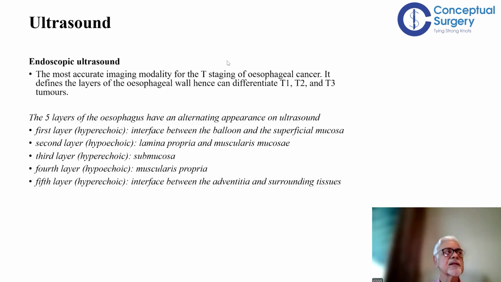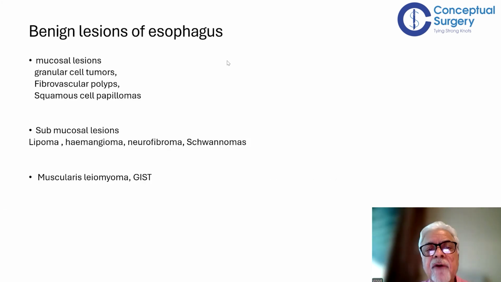Now, what are the various benign lesions of esophagus? The mucosa, as we have identified, would be epithelium, lamina propria, and then, of course, submucosa, which is a well-defined entity, and muscularis propria. So the first are the mucosal lesions arising from the mucosa.